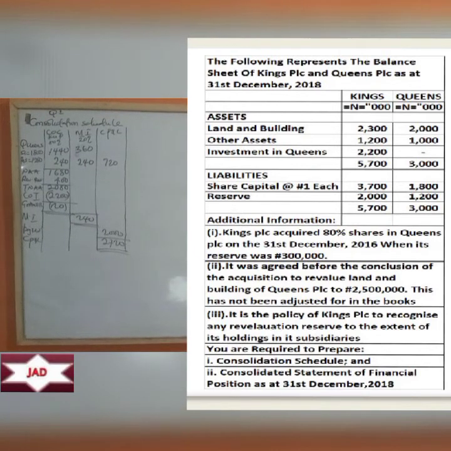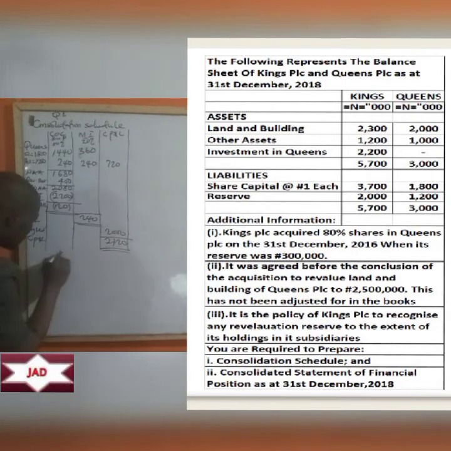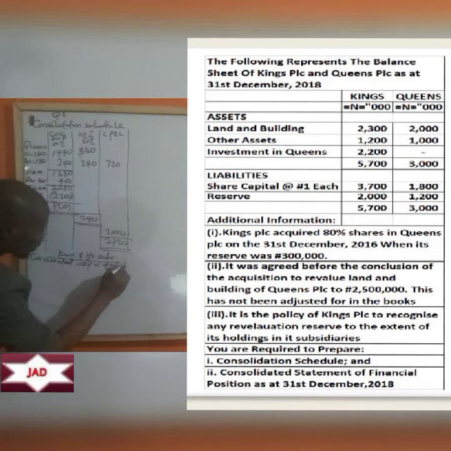Okay? This is the schedule. So with this now, we can go ahead and prepare the balance sheets, or what you call the consolidated statement of financial position of King's and its subsidiary as at 31st December 2018, right?